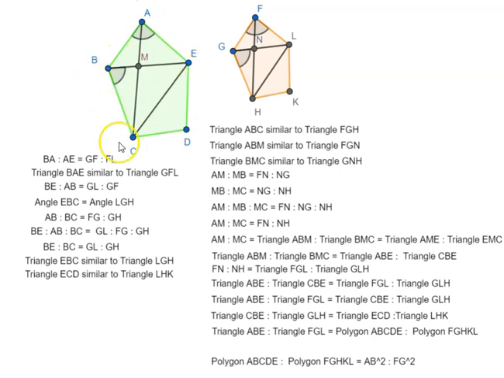So ABE plus BCE plus CED would be equal to ABCDE. And here the sum would be FGHKL. That is the whole polygon. So triangle ABE is to triangle FGL is equal to polygon ABCDE is to polygon FGHKL.